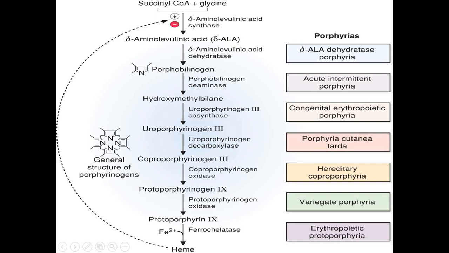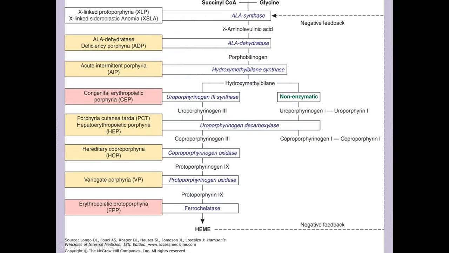If uroporphyrinogen 3 decarboxylase is absent, then porphyria cutanea tarda can occur. If coproporphyrinogen oxidase is absent, then hereditary coproporphyria will occur. If protoporphyrinogen oxidase is absent, then variegate porphyria may occur. And if ferrochelatase is absent, then erythropoietic protoporphyria will occur.